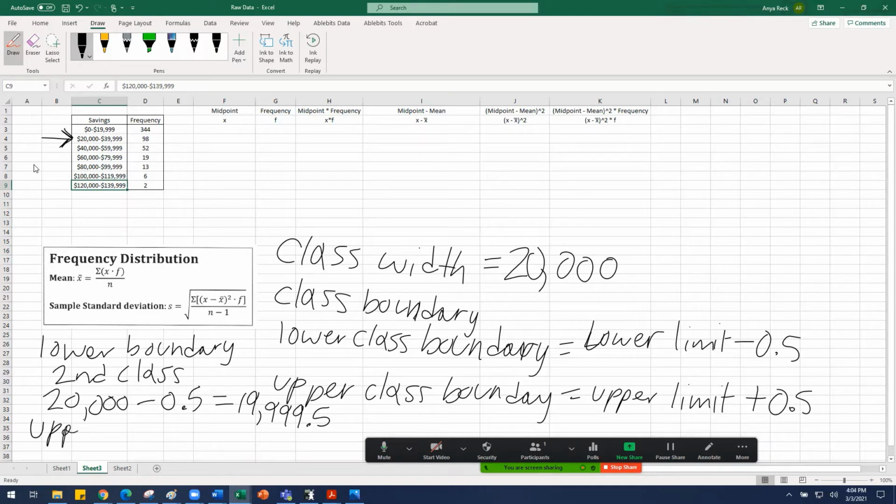If we wanted the upper boundary of the second class, you take the upper limit, which was 39,999, and you add 0.5, and you get 39,999.5 as the upper boundary.